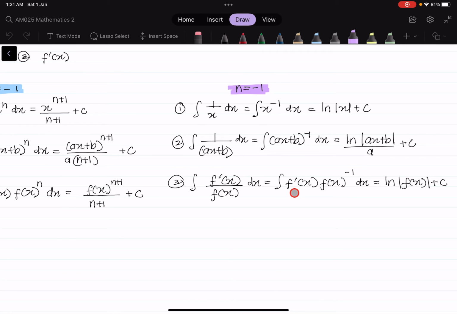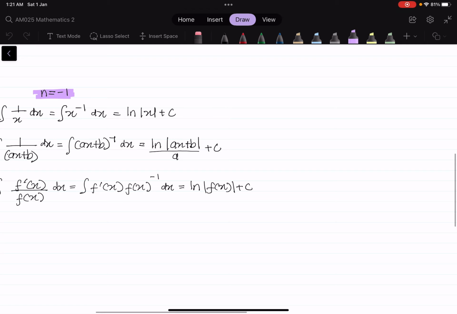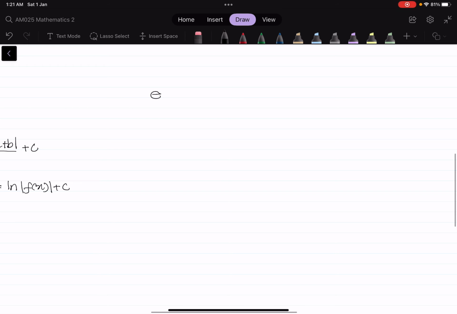Okay, so we have another last one, where our function is in the form of an exponential. If we integrate e to the power of x with respect to x, we're going to get e to the power of x.